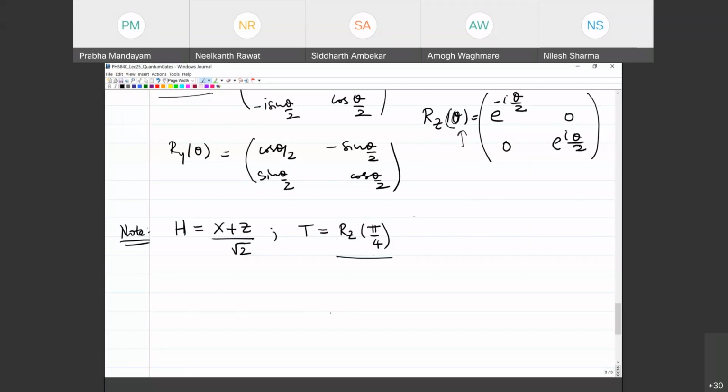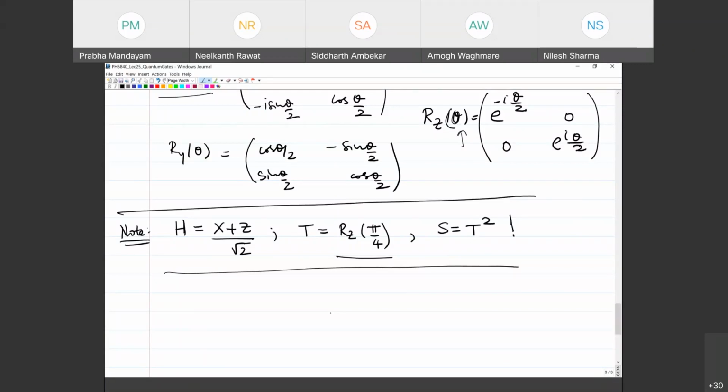Up to an overall phase, it's nothing but Rz of pi by 4, which then has the angles plus and minus i pi by 8 in the diagonals. And what about S? Now S is nothing but T squared. So in some sense we have covered all 6 basic gates that we wrote down in terms of these rotation gates.